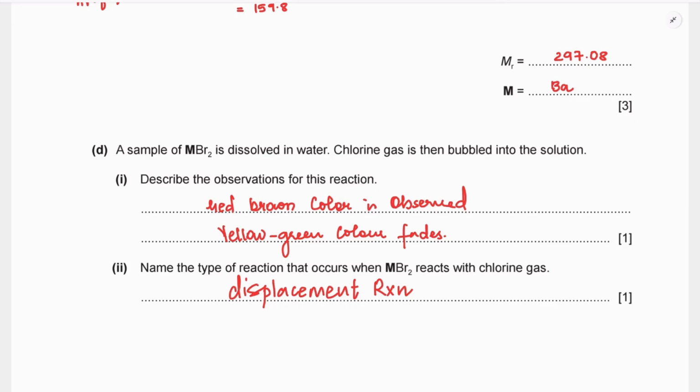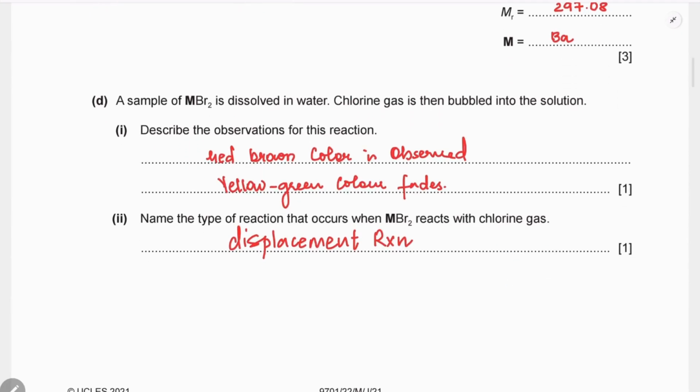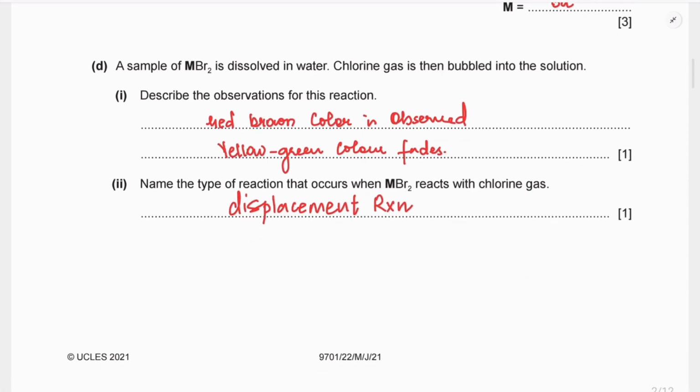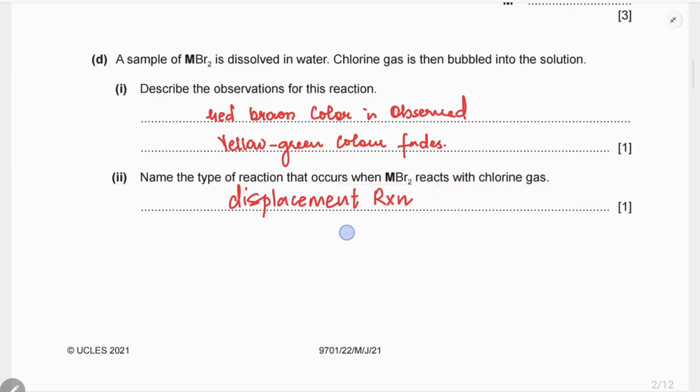Chlorine is more reactive than bromine. So we're going to get a red-brown or orange color, which you can mention as observed. You can also say in the reverse order that the yellow-green color fades because of the chlorine. Okay, so next question. Name the type of reaction that occurs when MBr2 reacts with chlorine gas. As I mentioned, it's going to be a displacement reaction.